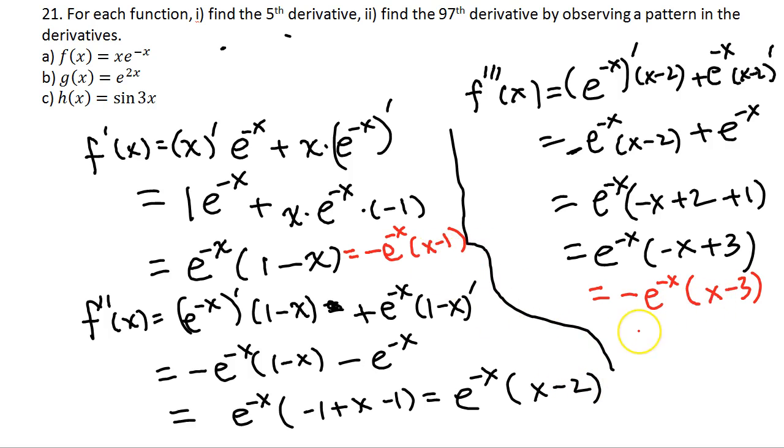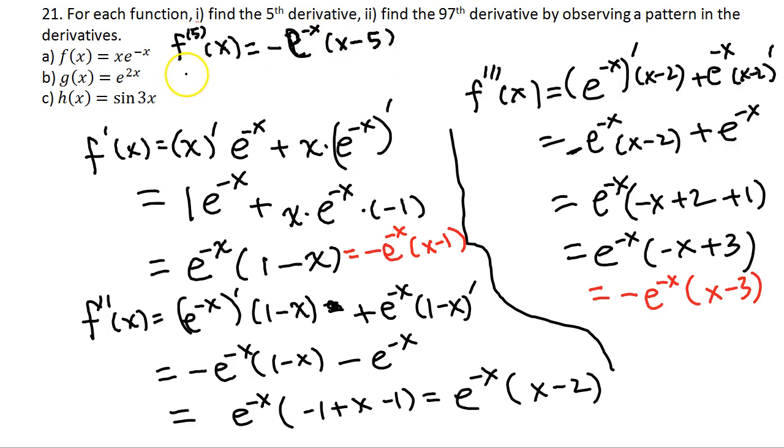It says 1, 2, 3. So if you differentiate 5 times, it will be x minus 5, right? Another thing to think about is if it's even, it's positive. If it's odd, 1 or 3, it's negative. So we see that the answer is f differentiated 5 times of x will be negative because you differentiated odd times, and e to the negative x, and it will be x minus 5.